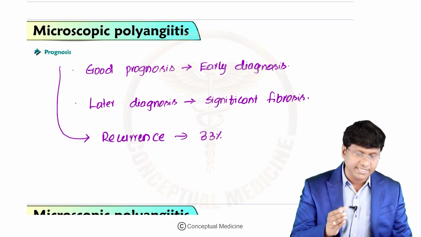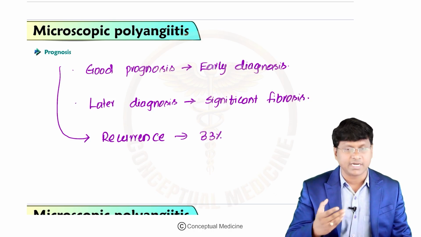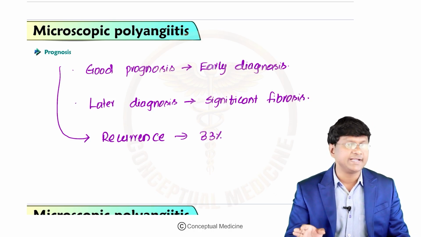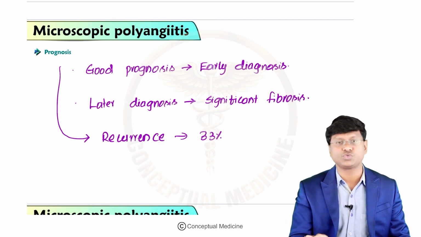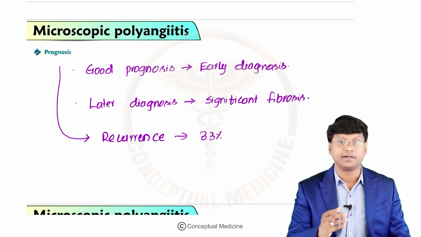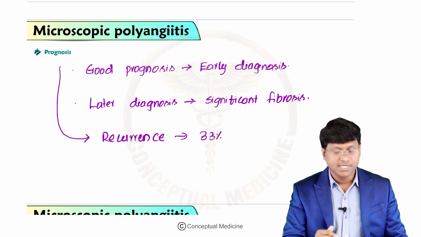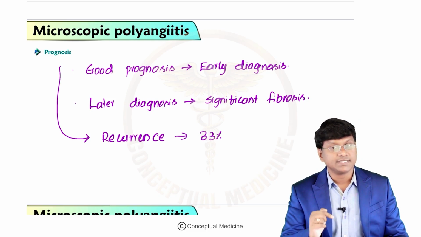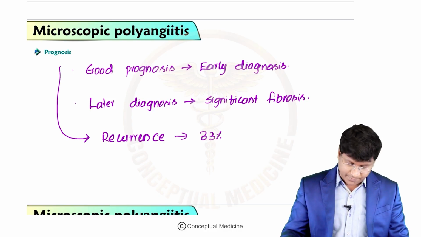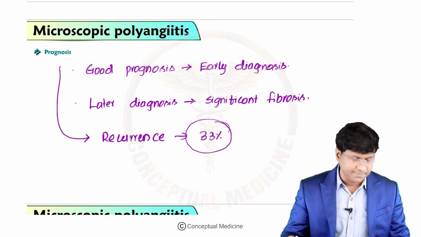Prognosis, if the diagnosis is early, then the outcome will be good. But if it is a delayed diagnosis, renal fibrosis will occur, more commonly than in Wegener's granulomatosis. And even after complete remission, the chance of recurrence in microscopic polyangiitis is almost 33%.